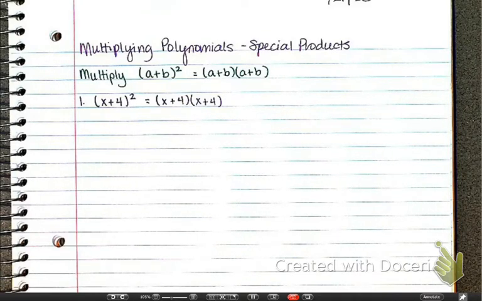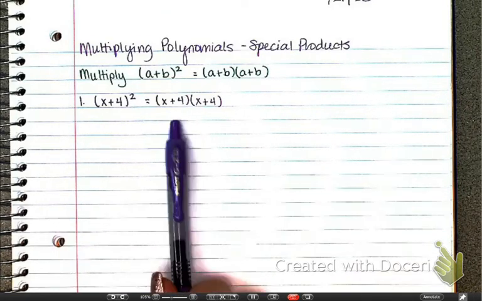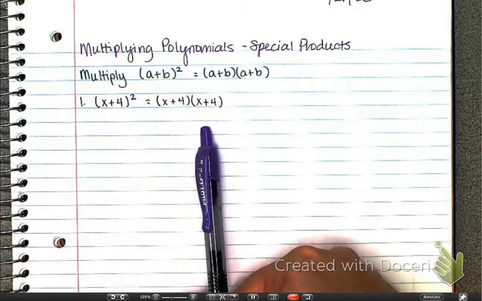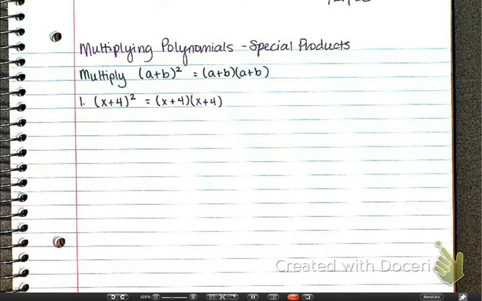What's special about this one? You can't distribute that exponent in, but what's special about this? They're exactly the same, right? So these are exactly the same. Can you multiply them?